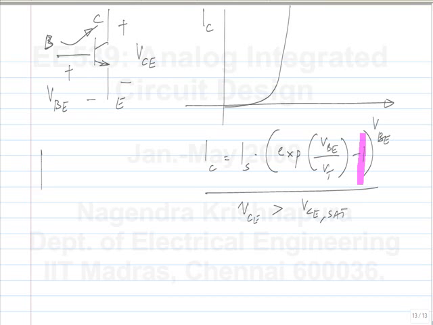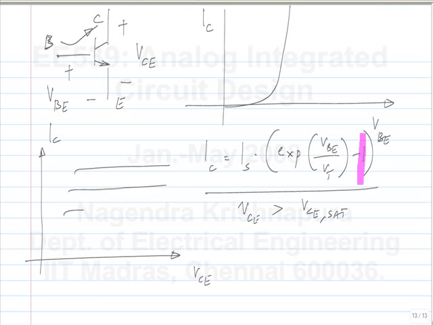And if you plot IC versus VCE, it looks somewhat similar to ID versus VDS, but there are some important differences. There is a region where the current is almost constant, and all these curves merge to almost a single curve, and the zero current is achieved not at VCE equal to 0, but at some positive voltage.